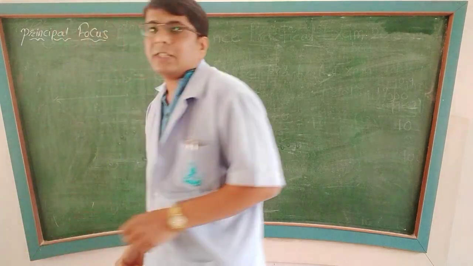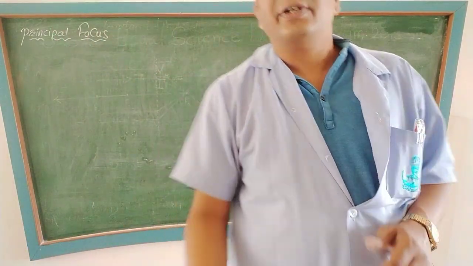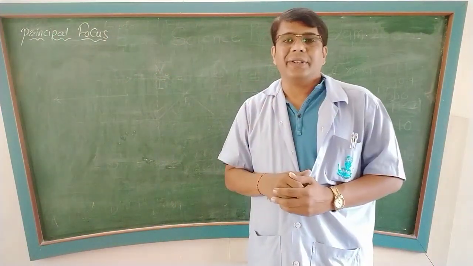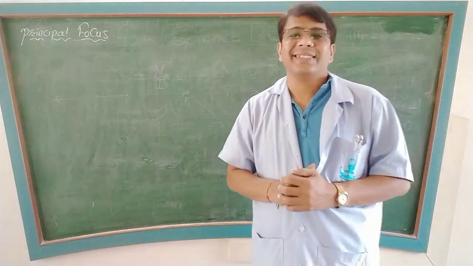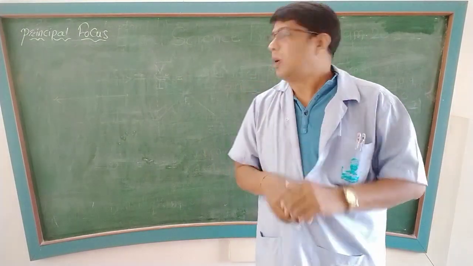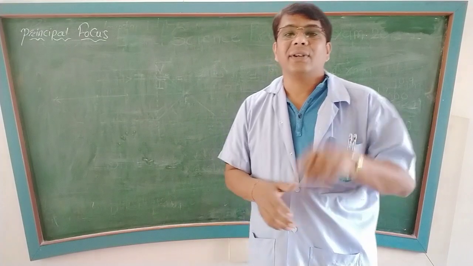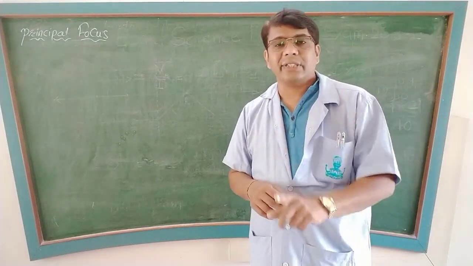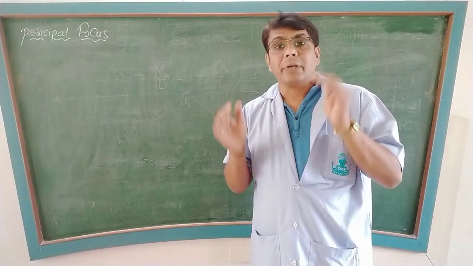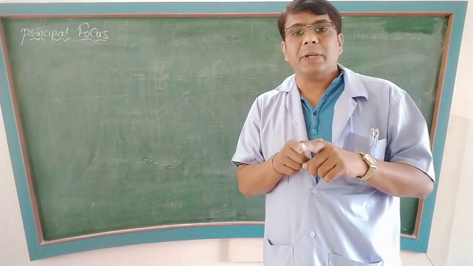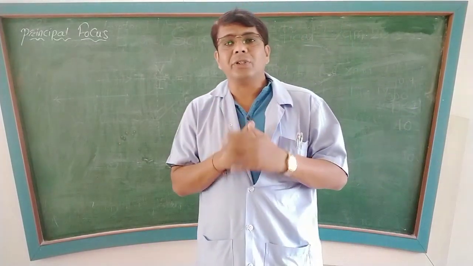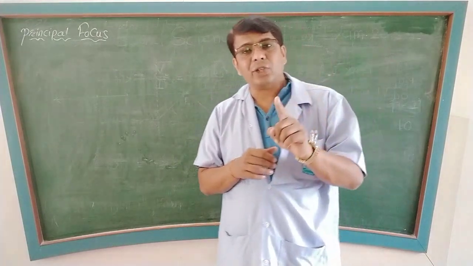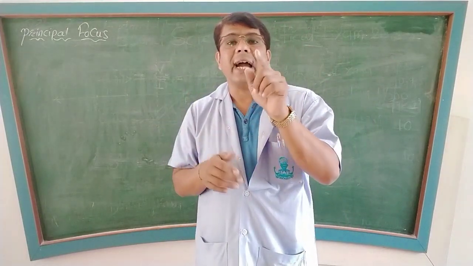One more thing here, all the rays of light you might have seen, they meet each other at a point. So they converge, and hence convex lens is also called converging lens. Convex lens is also called converging lens because rays of light parallel to the principal axis, when they are incident on the convex lens, after refraction meet each other at a point.